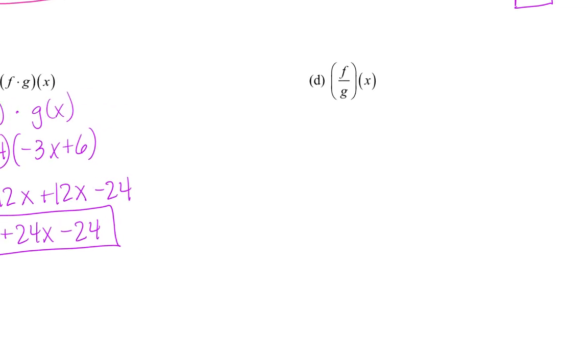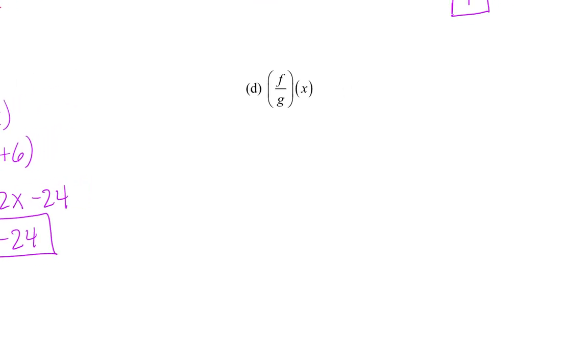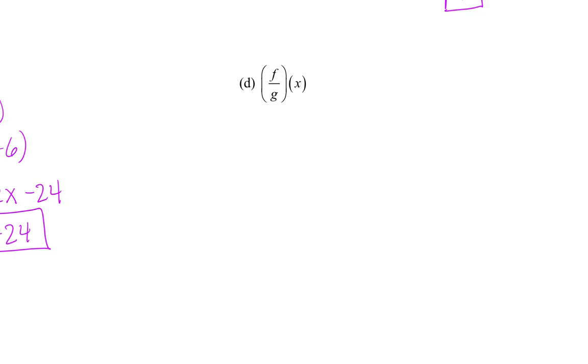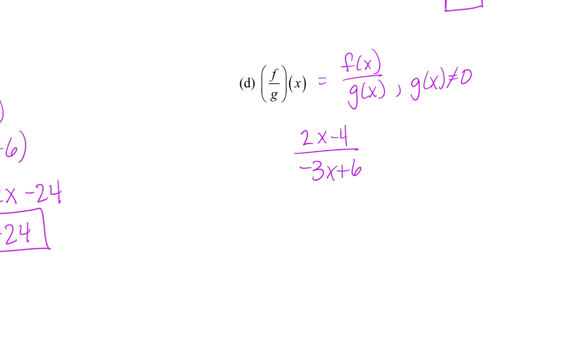All right, and then we have f divided by g of x. So this is going to be f of x divided by g of x, where g of x cannot be 0. So 2x minus 4 divided by negative 3x plus 6. But since the denominator cannot be 0, then I need to figure out what x cannot be.